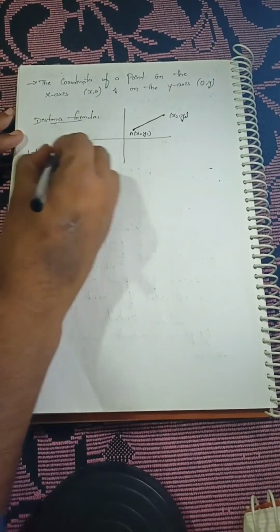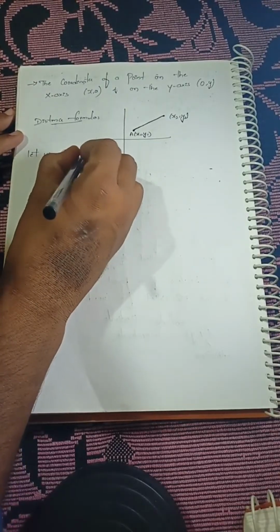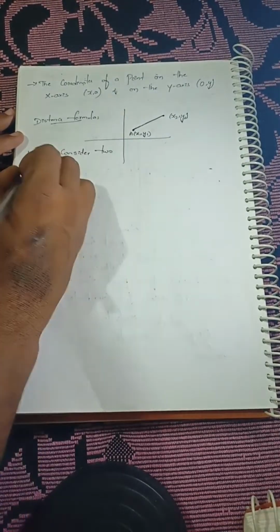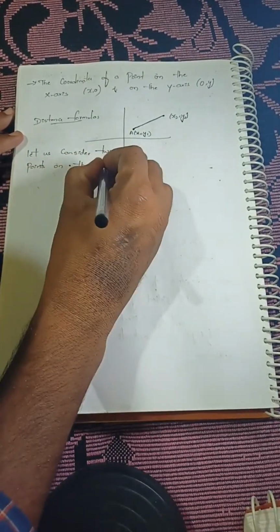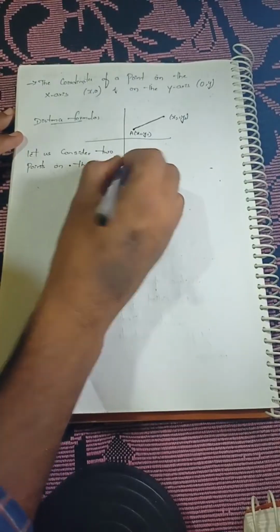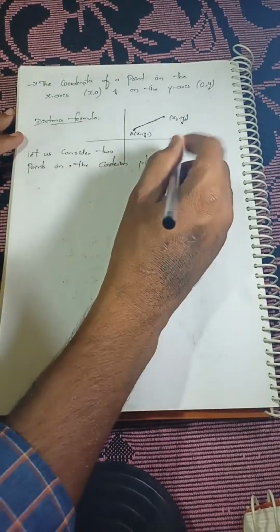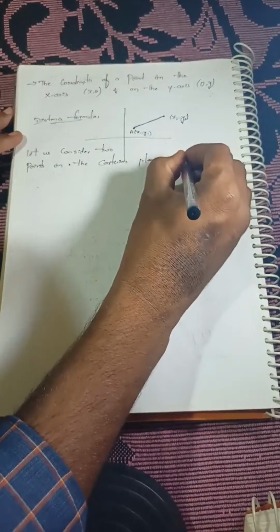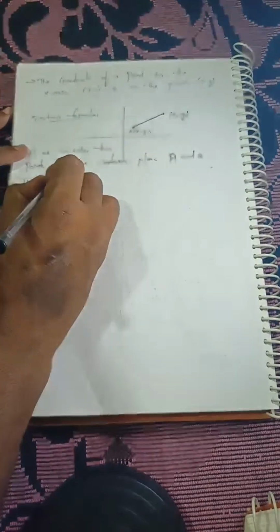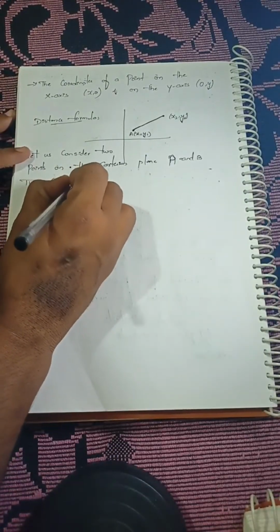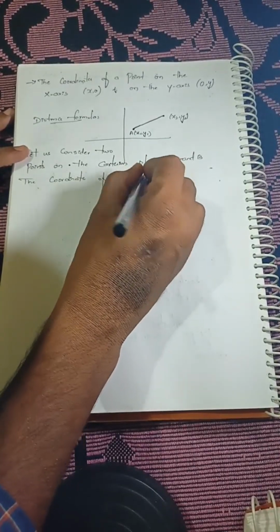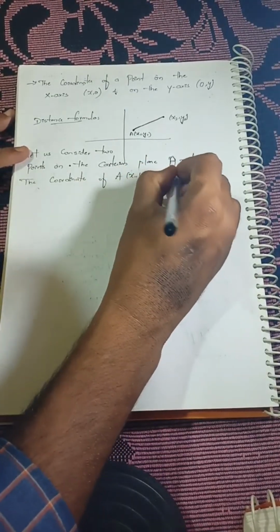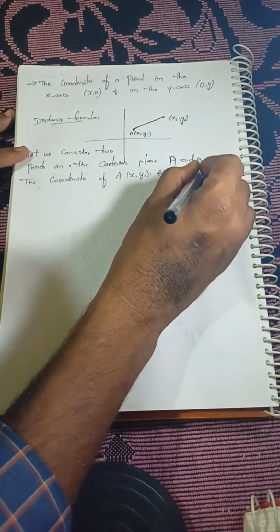Let us consider two points on the Cartesian plane, A and B. The coordinates of point A I am taking as x1 comma y1, and point B as x2 comma y2.